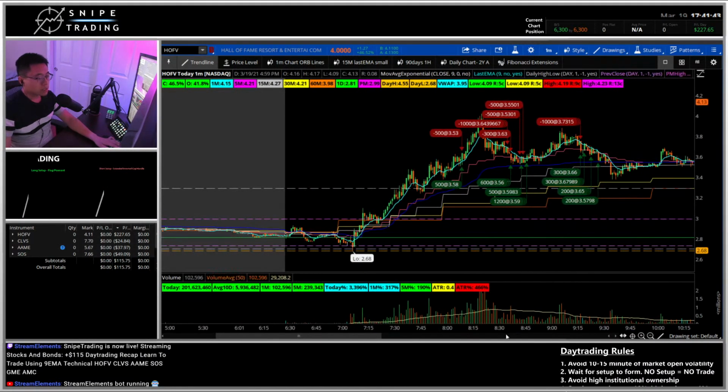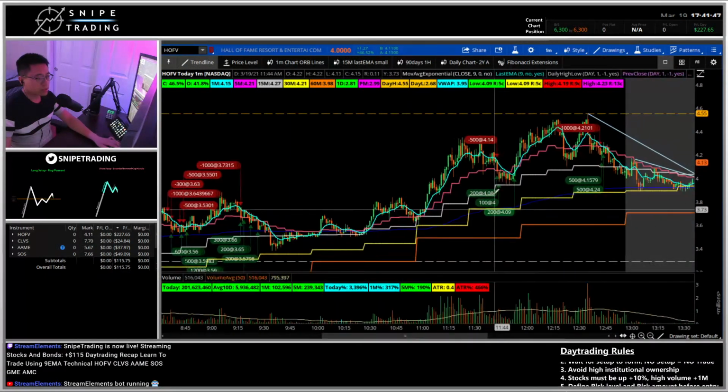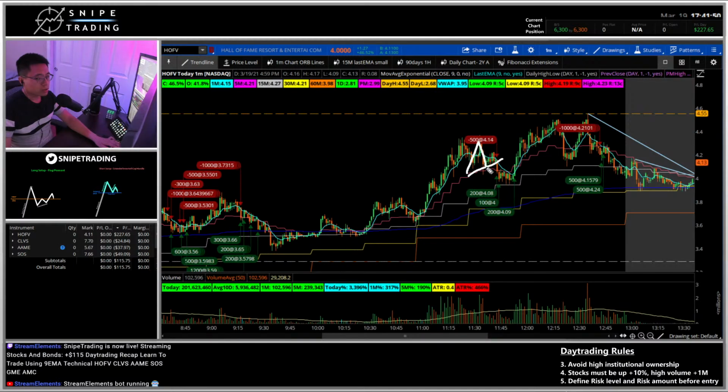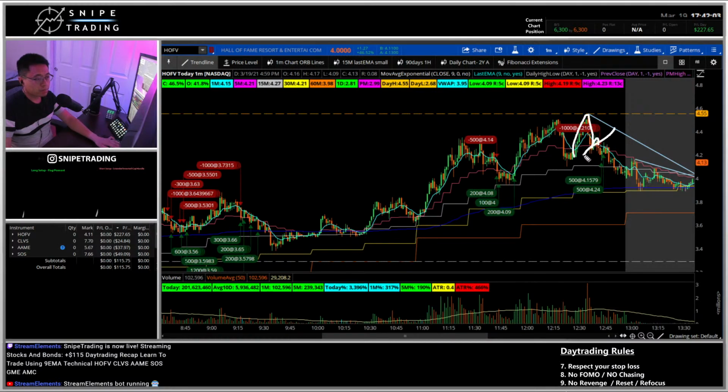So that was HOFV, mostly short plays: inverted cup and handle, short, and then cover, and stop right when it broke there. Same thing again, inverted cup and handle, short, cover.